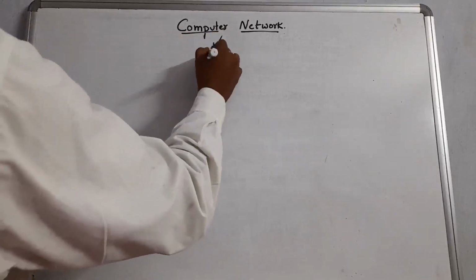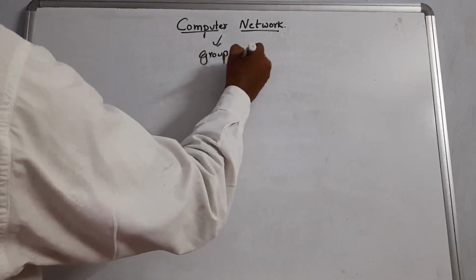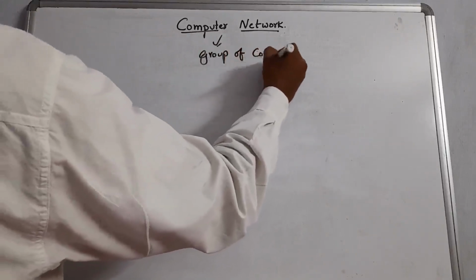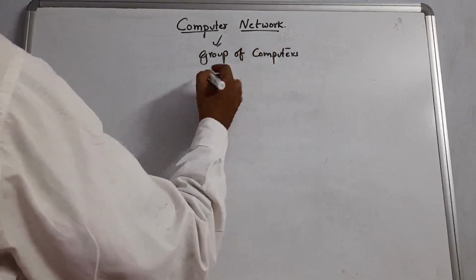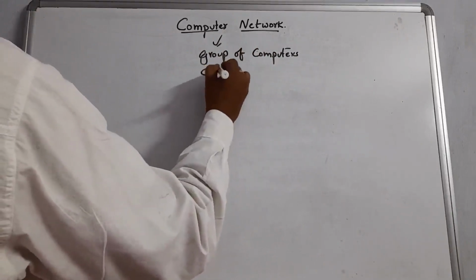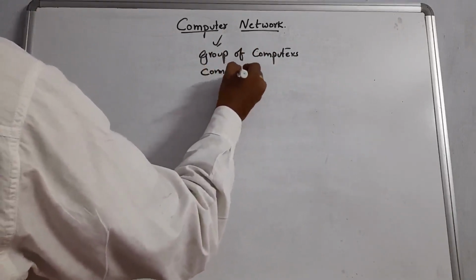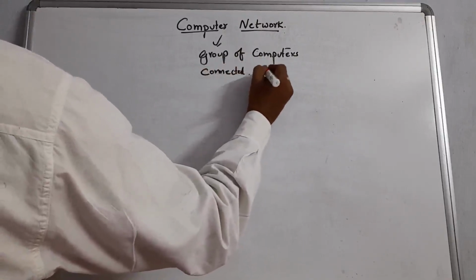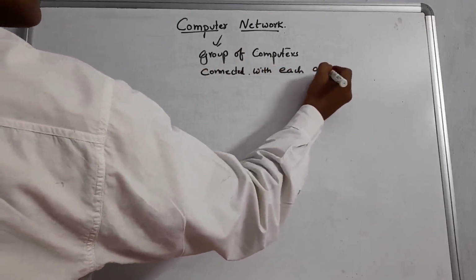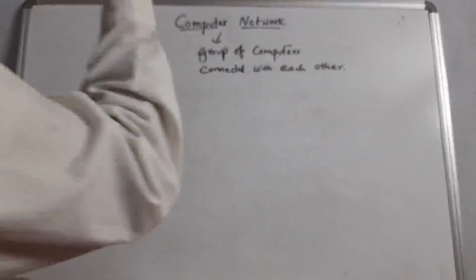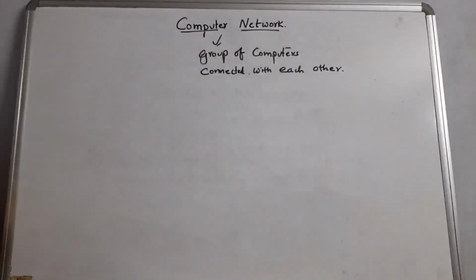It consists of a group of computers which are connected with each other, which is called a computer network. What is the main aim of having a computer network?